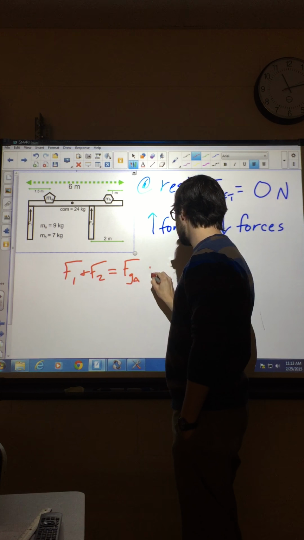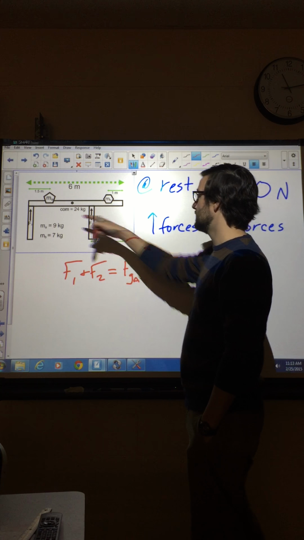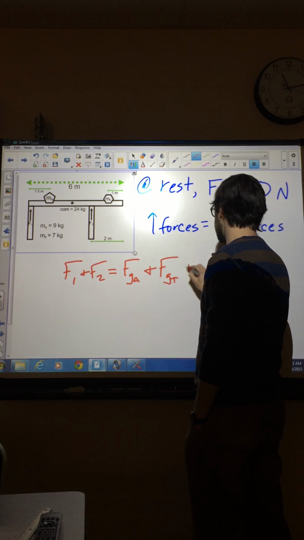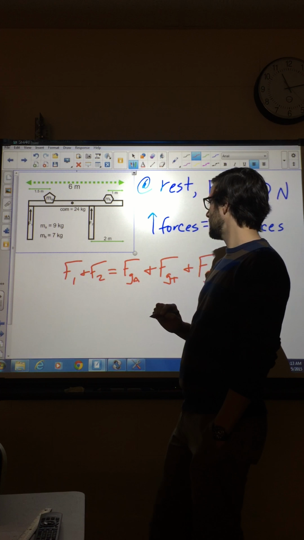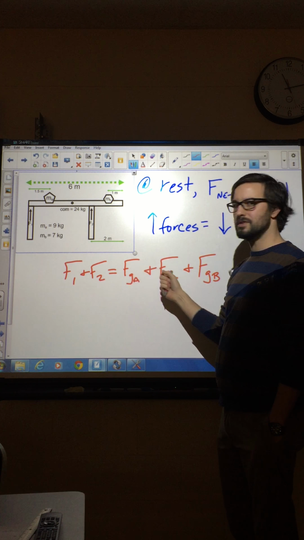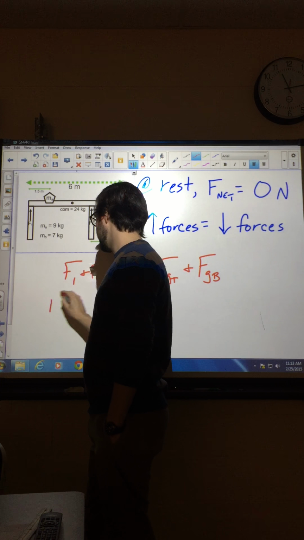There's the downward force of gravity due to the table, which I'll call FGT. There's thirdly the downward force of gravity due to mass B. So this is our first equation, and it's helpful, and it's pretty straightforward. FGs are just mass times gravity, so that's cool and easy.